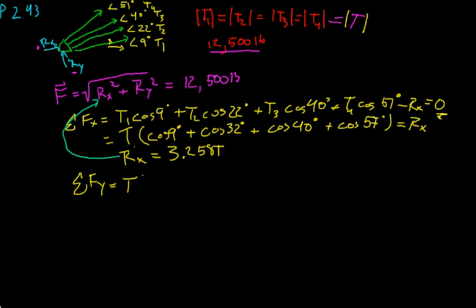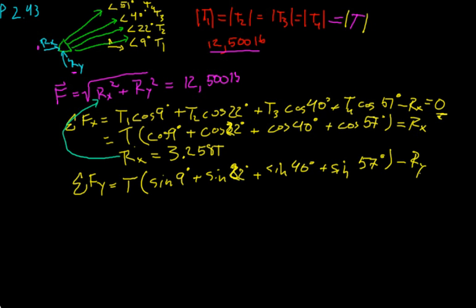T times, and remember we're dealing with Y, so we're going to be multiplying by sine of 9 degrees plus sine of 22 degrees plus sine of 40 degrees plus sine of 51 degrees, minus Ry, because it's got to be in the opposite direction as those forces, is going to be equal to 0.